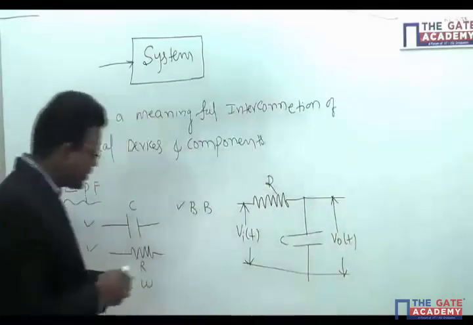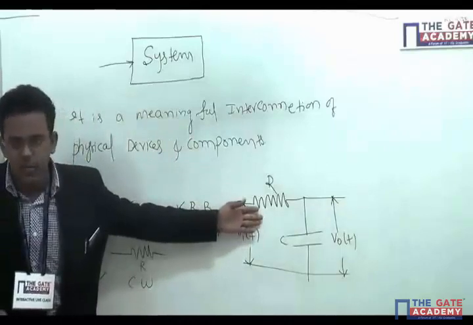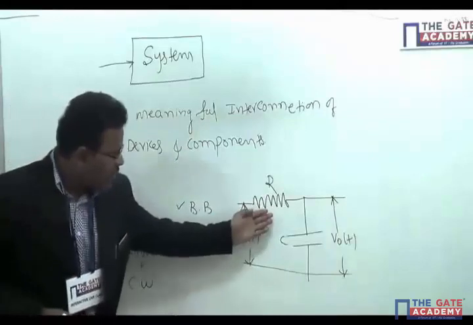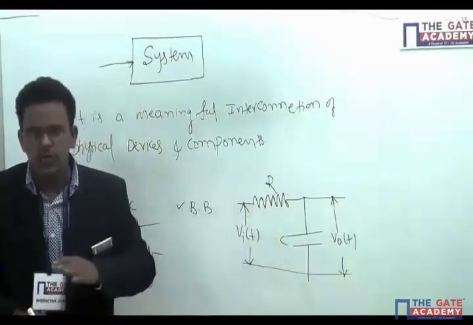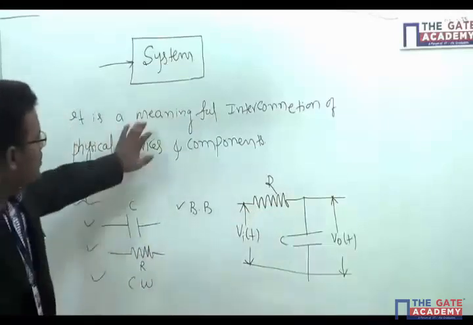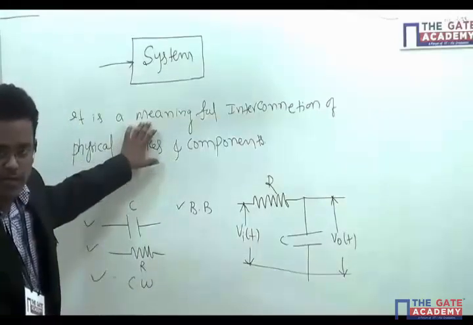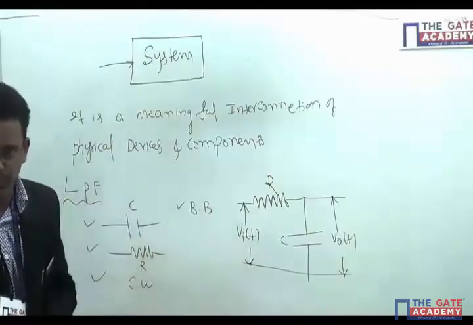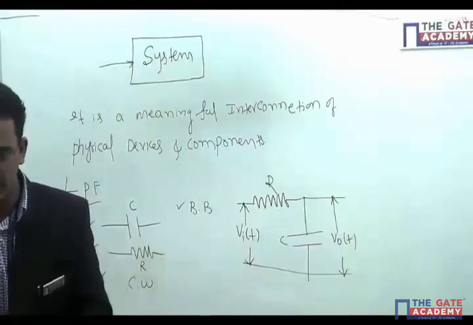If we connect these components in such a manner, then we can say it is a low pass filter with some time constant, whatever it may be. So what do you understand from the system? System means a meaningful way of connecting the components so that it forms a meaningful system. Let's take a more general example.